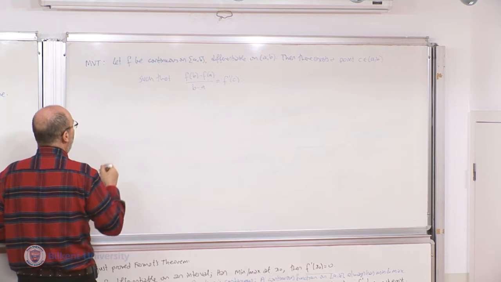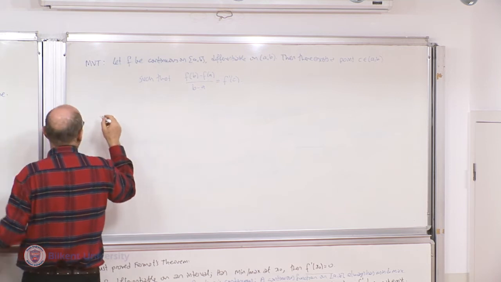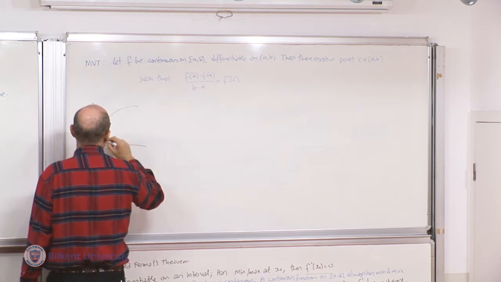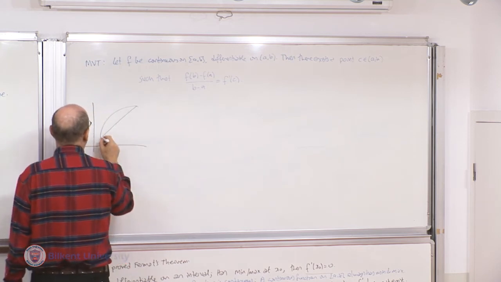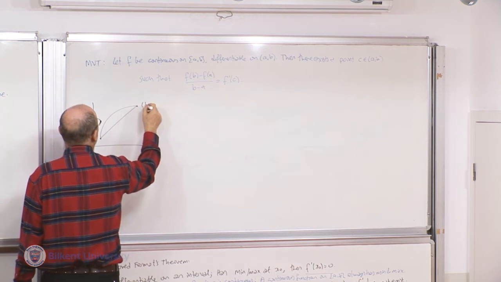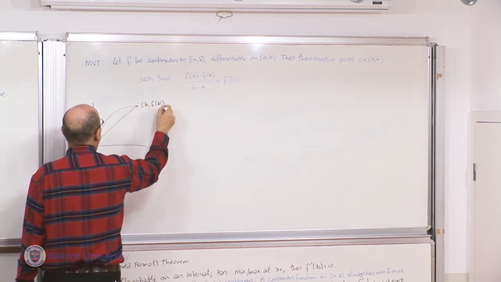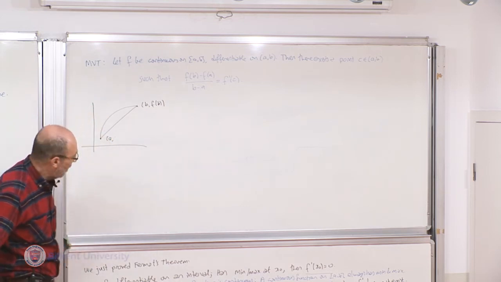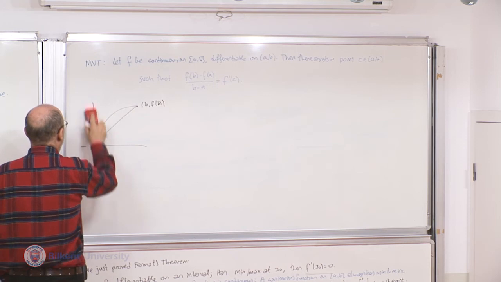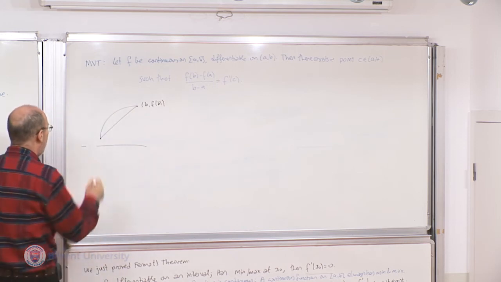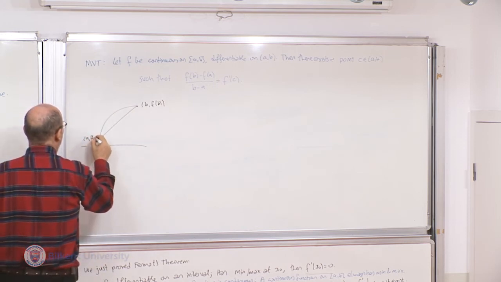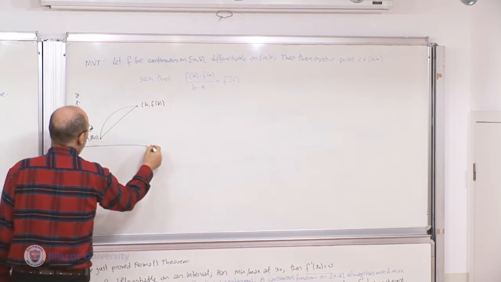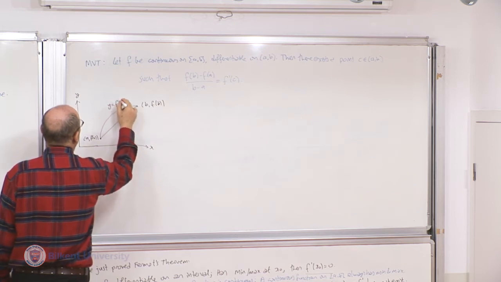So again, let's continue with the same curve. We have something like this and this. These are endpoints (b, f(b)). This is a. Let me write a to the other side, (a, f(a)). Suppose this is y, this is x, and this is y equals f(x).